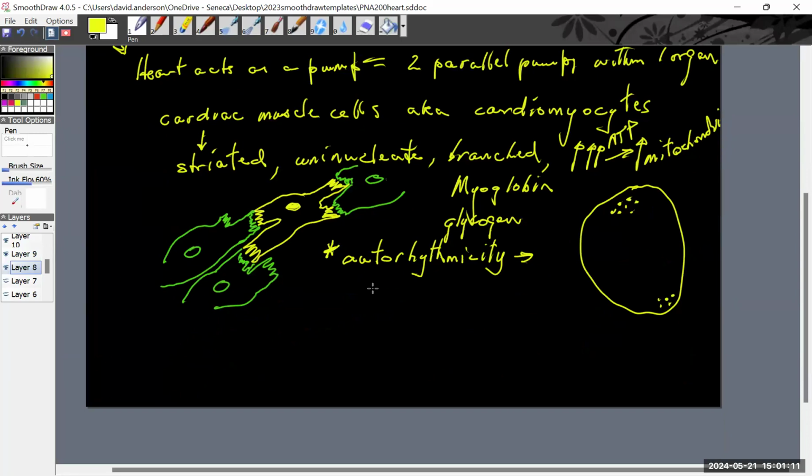Now, the other thing is that these cells connect to one another at some very unique and specialized connections. And those connections are referred to as intercalated discs.